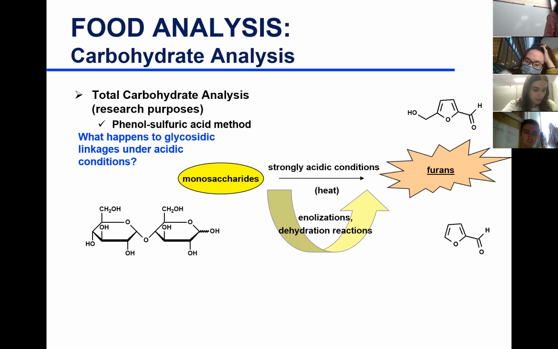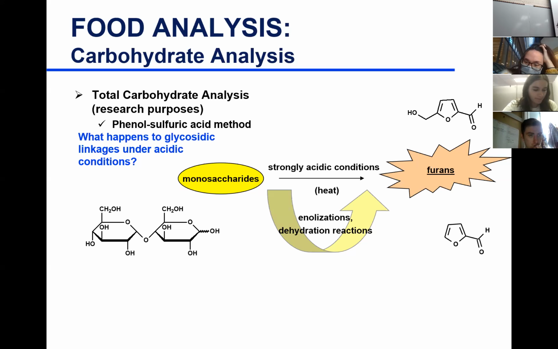It's an exothermic reaction, it starts to heat up your sample. So you have heat, you have strong acid, the bonds break. So you end up having monomers, monosaccharides. Even if you have starch or dietary fiber in there, all the glycosidic bonds will be broken, and you end up with your monomers.